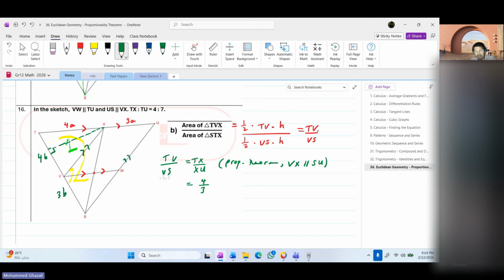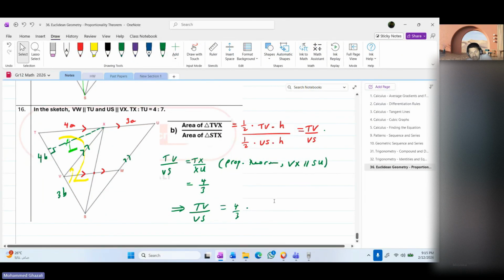So TV over VS is equal to 4 over 3, the same thing as saying TX over XU. Right, so guys, we got 4 over 3 here as well.